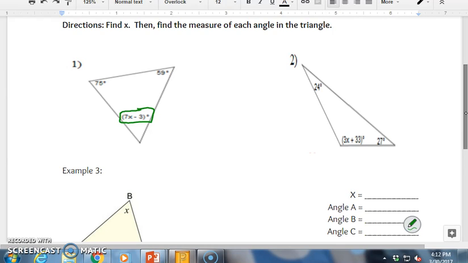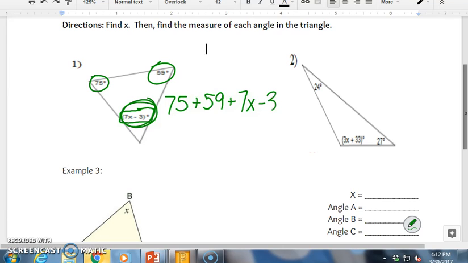That's what the degree is going to equal, okay? So we need to set it up the exact same way. So we take 75 plus 59 plus this entire angle, 7x minus 3, and all three of these angles, when we add them together, are still going to equal 180.